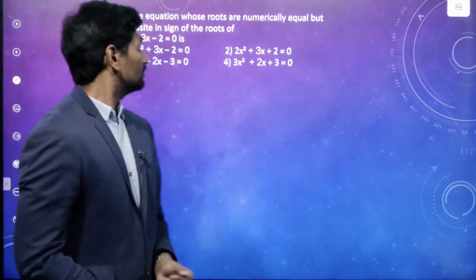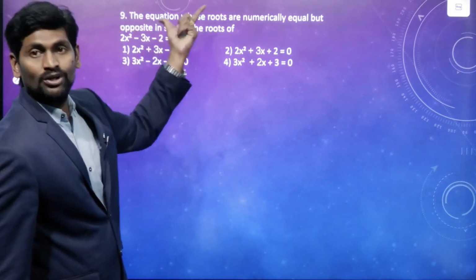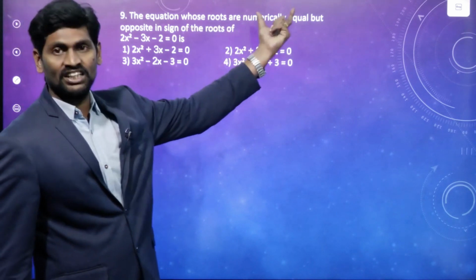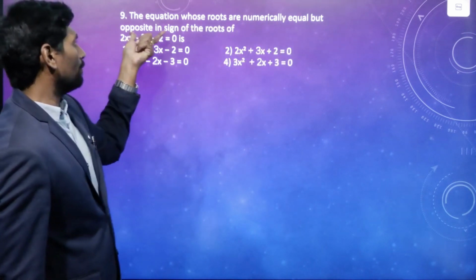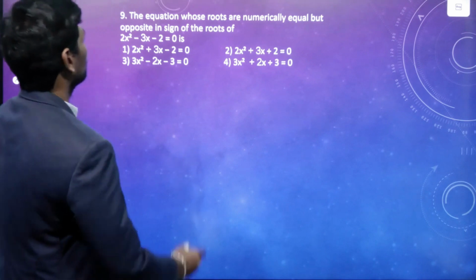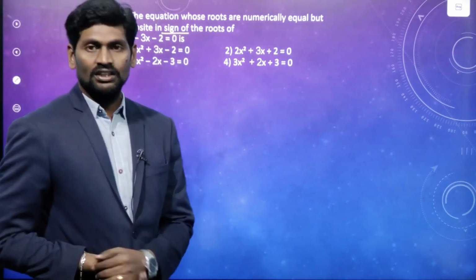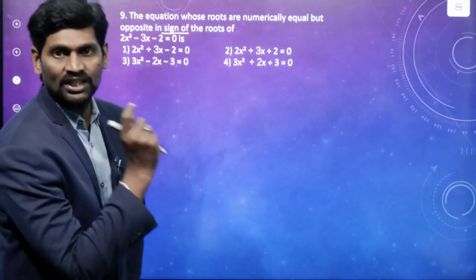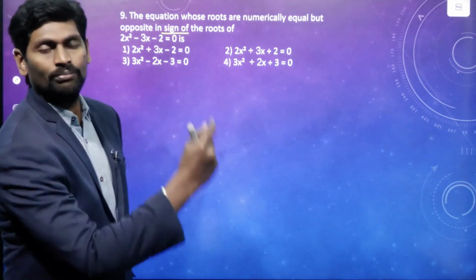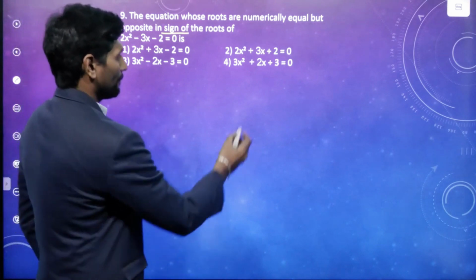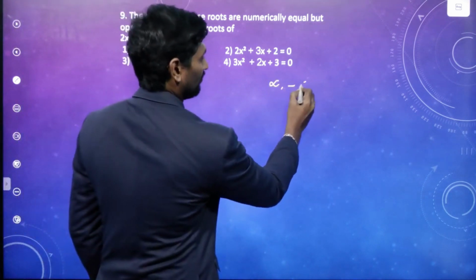Ninth question. Equation whose roots are numerically equal but opposite in sign. That means if you take one of the roots is alpha, then the second root will be minus alpha.